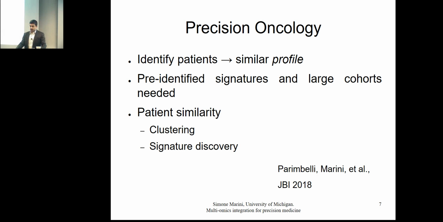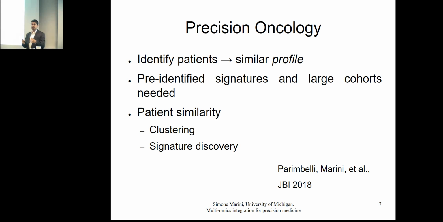All right, so here I'm talking about a different approach. Instead of looking through the literature and finding these molecular signatures, we can try to find similar patients. The assumption here is that similar patients will respond similarly to the same treatment, which in terms of data science is clustering.